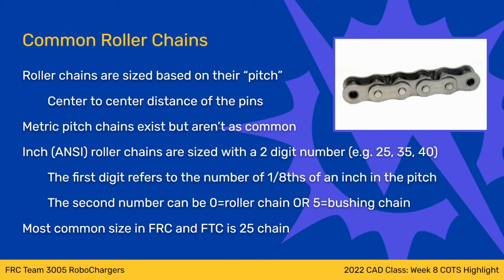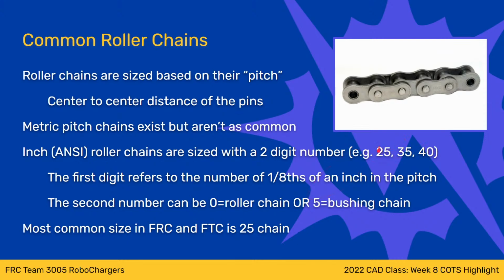Basically, ANSI roller chains for inch sizes are sized using a 2-digit number. The first digit refers to the number of eighths of an inch in the pitch. That might be a little bit weird, but I've got some examples: 25 chain, 35 chain, 40 chain.